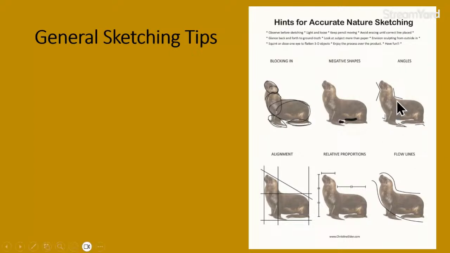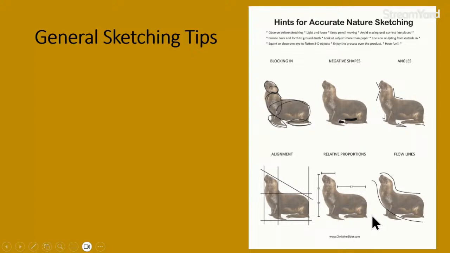And then noticing angles, like we'd mentioned, those angles where the joints are, and then alignments of various structures, whether they're parallel or perpendicular to each other, and then relative proportions.